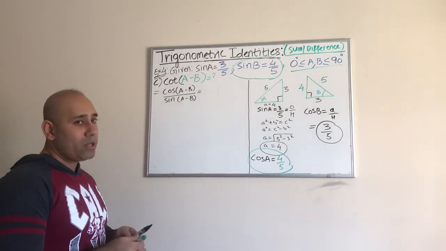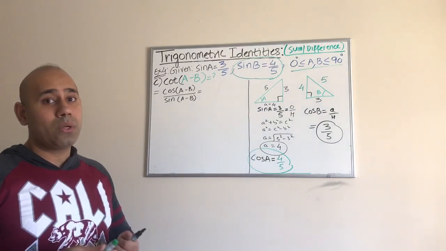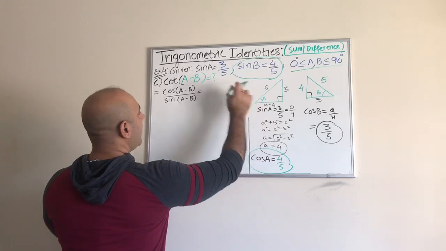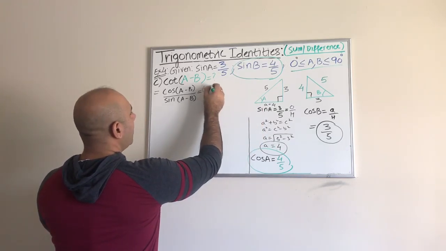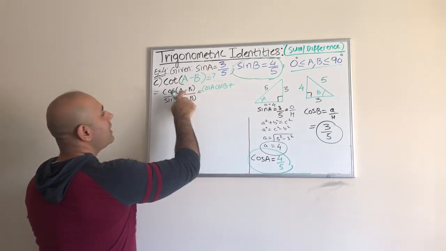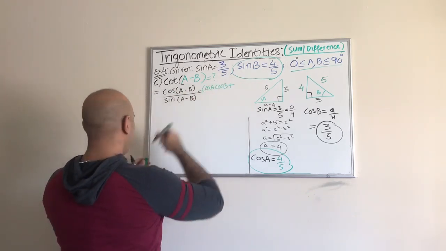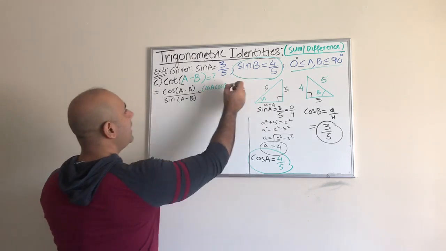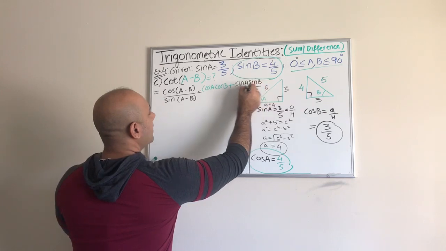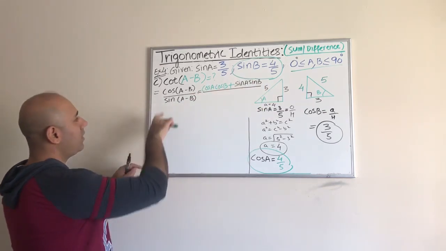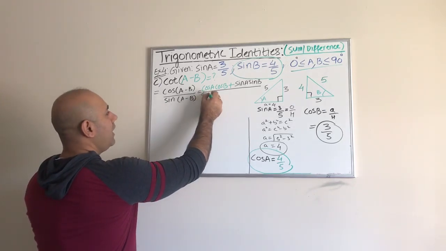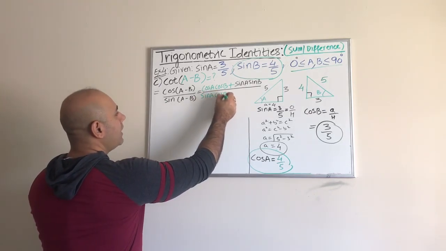Now we want to go back to the formula sheet and write out the cosine of the difference and the sine of the difference. So the cosine of the difference is cosine A times cosine B, plus, because when there's a minus here, the sign switches on the right hand side, sine A sine B. And this whole thing has to be divided by the sine of the difference, which is sine A cosine B, and then minus.